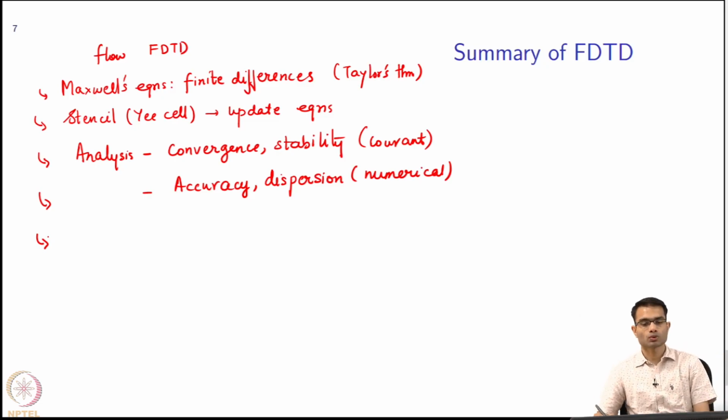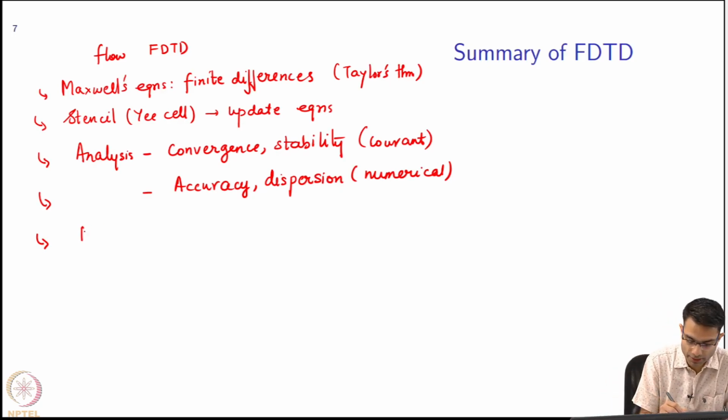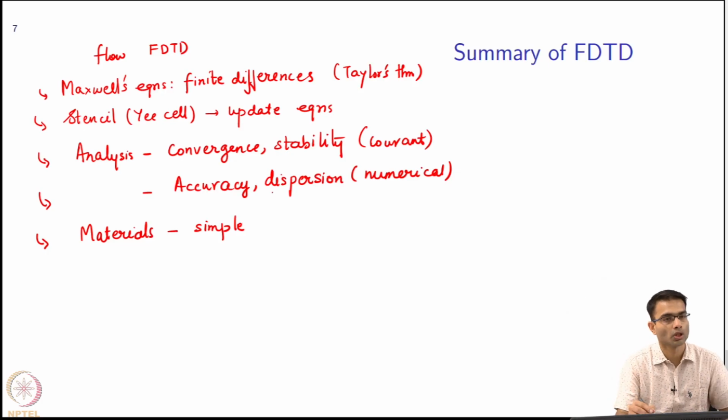After having done that, so far we were still dealing with free space. Then we introduced materials, right. So, we looked at materials, we looked at simple materials which used Ohm's law, right.